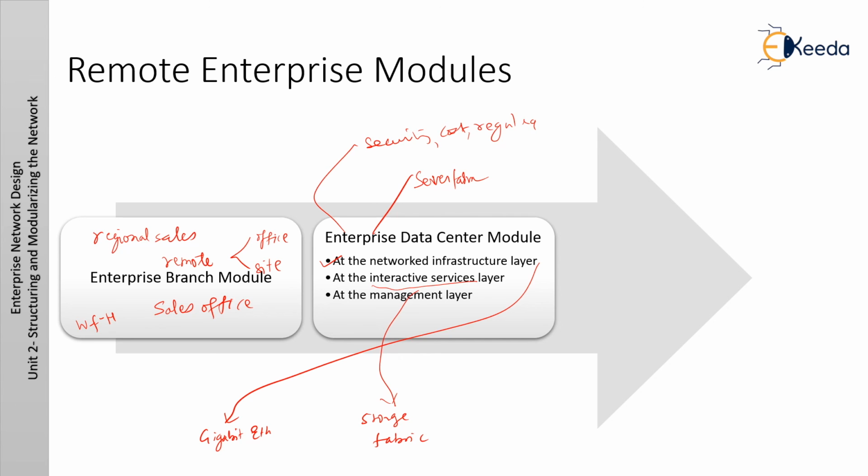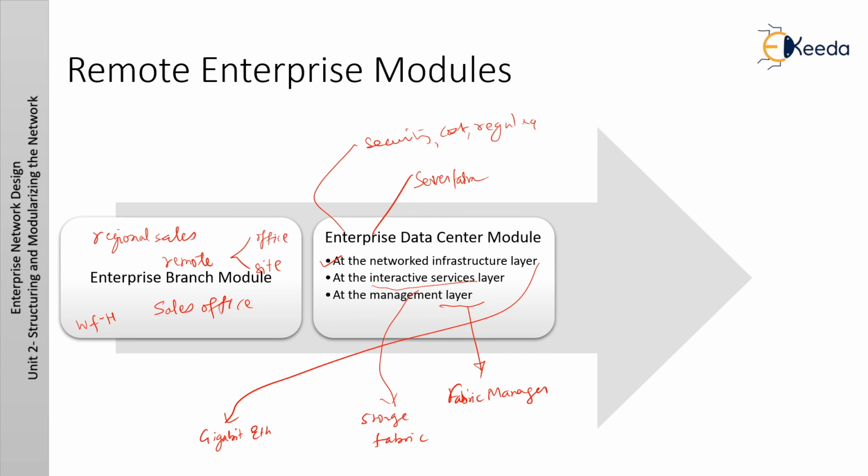And finally, at the management level, tools include Fabric Manager, which is important, or Element and Network Management, and Cisco vFrame for server and service provisioning.